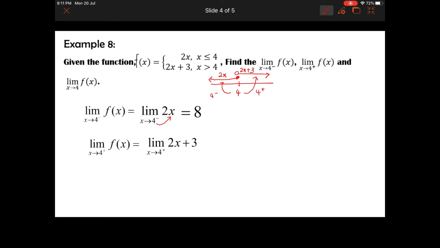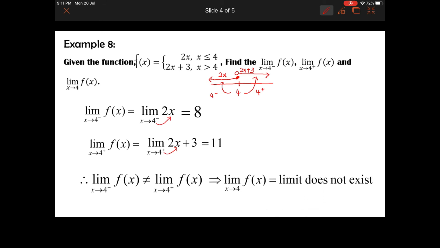Just directly substitute the limit value into the function, and our final answer in this case would be 11. So from the left side and from the right side, we get different answers. As a conclusion, our final answer for the limit as x approaches 4 of f(x) is that it does not exist.